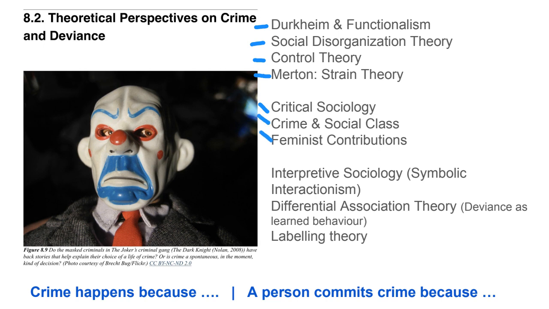For all of these different theories, see if you can write some quick notes. It doesn't have to be really extensive, but look in the description of those for how each theory would finish two sentences. So according to the theory, crime happens because. Labeling theory, for instance, would say crime happens because, and the information to answer that is in the reading.